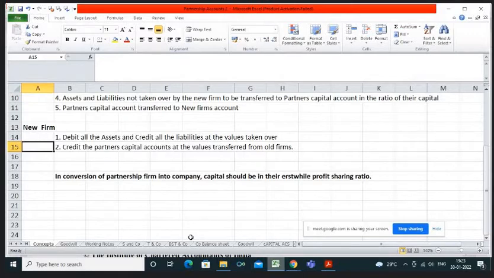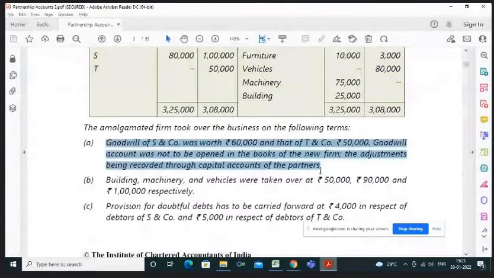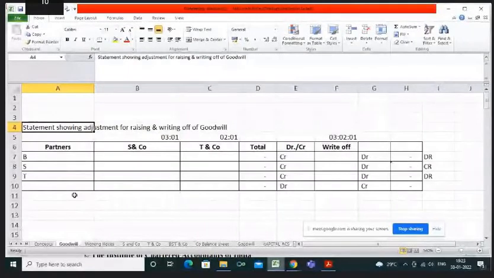But before that, in the question, there are some adjustments. What are those adjustments? Goodwill. Goodwill should not be raised, but adjustment should be done for the goodwill. So now I will deal with this particular issue. How to do that? You have to prepare a statement showing adjustment for goodwill.